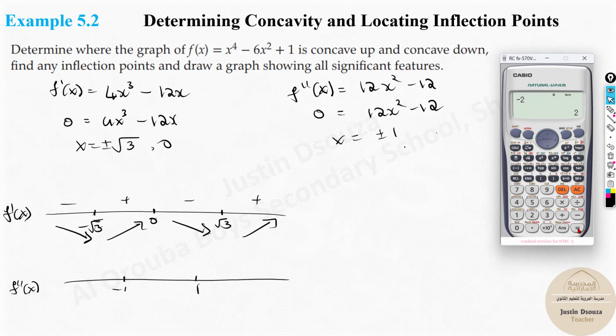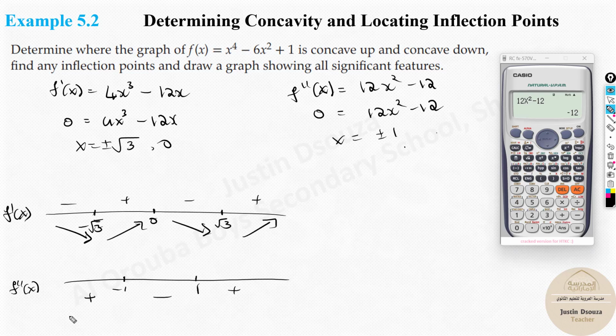So I'll do calc minus 2, that's positive, and I'll do calc plus 2, positive. So both are positive in this case. Oh, I forgot to do the middle part, that is 0. Calc 0, and that's minus. So the middle one is minus.